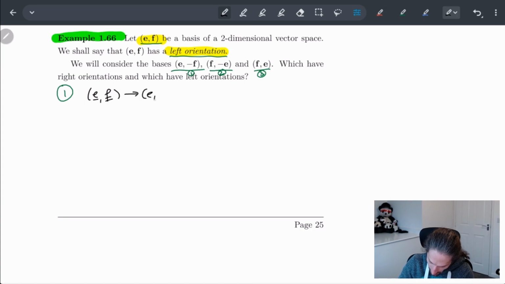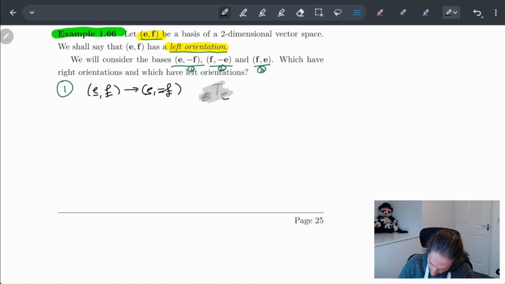Okay, so from EF to E, minus F, what is the transition matrix? We'll just call it T since I didn't write letters for these. The transition matrix here is, well, E goes to E, so this is just 1. And F goes to minus F, so 0, minus 1.